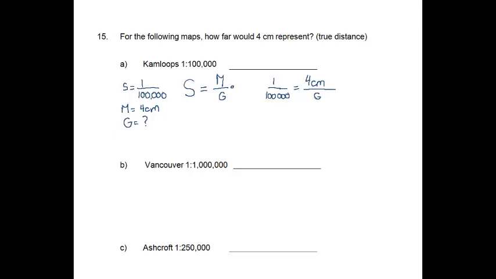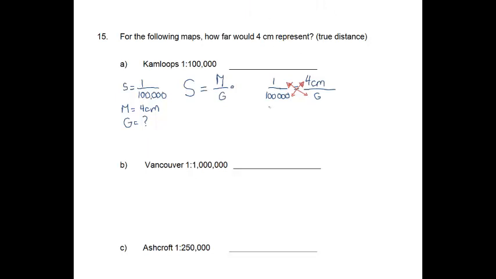Now I need to use my rules of cross multiplication, and cross multiplication basically says that I have to figure out what G equals. I can only move things along these arrows. So I am going to move that G up here beside the 1. I'm going to move the 100,000 beside the 4 centimeters, and when they're written beside each other, it means that they are multiplied.